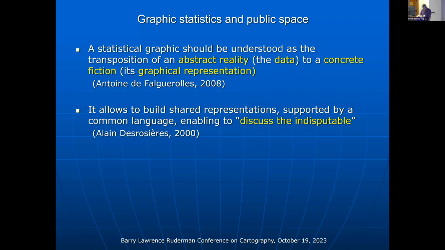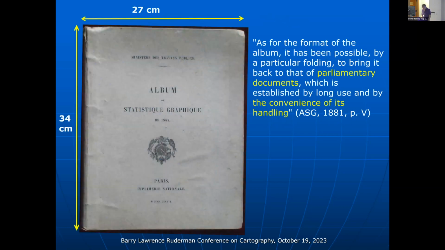Moreover, this use was explicitly related to the size of the book, as Chesson pointed out: "As for the format of the album, it has been possible by a particular folding to bring it back to that of parliamentary documents, which is established by long use and by the convenience of its handling."